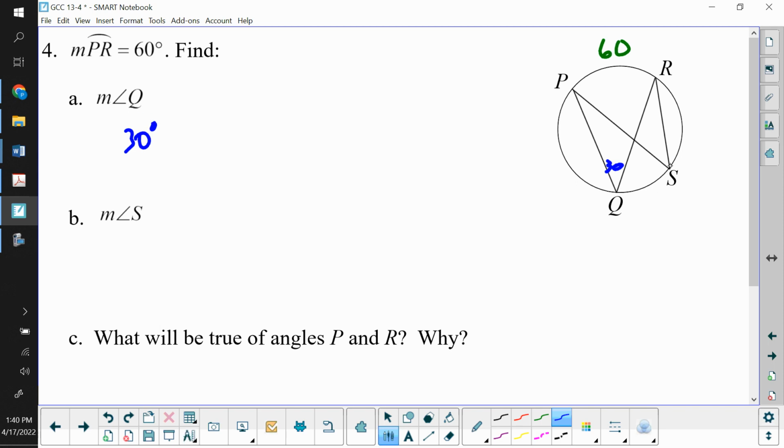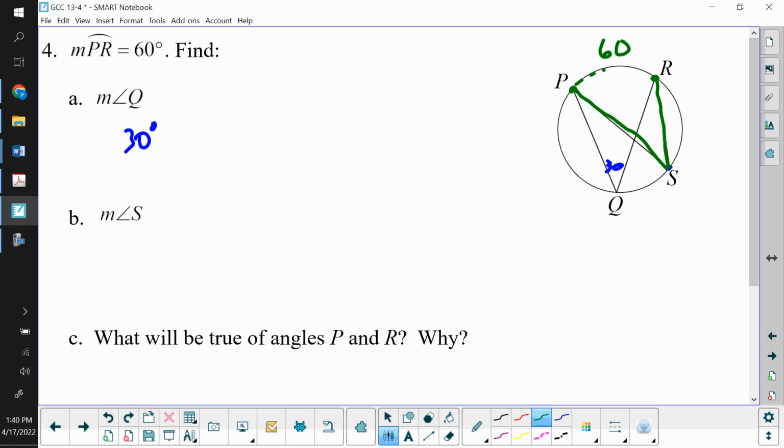Well, let's look at angle S. We want to recognize that angle S's vertex is on the circle. That makes it our new thing for today, an inscribed angle. Inscribed angles are half the measure of the arc they open up to. So let's follow this angle S and see where it hits the circle. It hits it there. It hits it here.